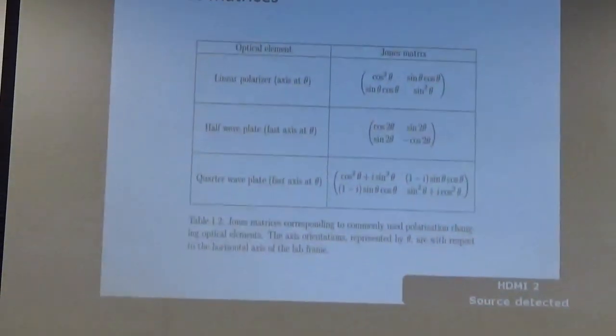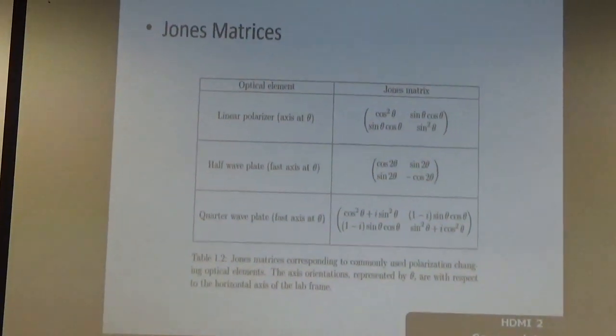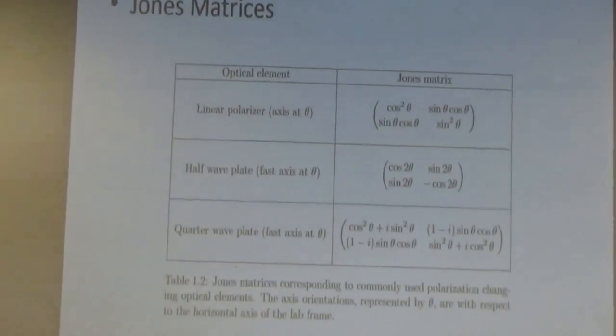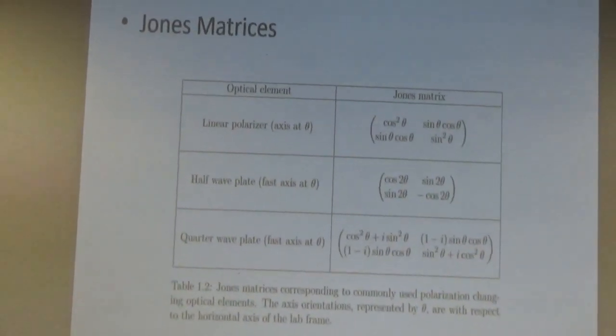So, we have light, we have photons, and we have to deal with those. You would have seen that there are gates that we apply in the quantum channels that change the polarization, that change the state somehow.